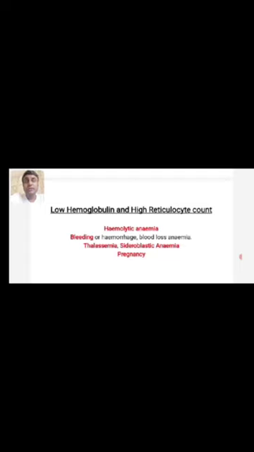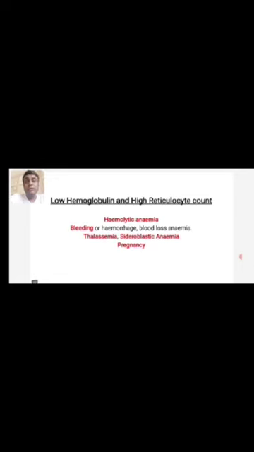Second, there may be heavy bleeding or hemorrhage resulting in low hemoglobin, or blood loss anemia. There can be hereditary disorders like thalassemias and sideroblastic anemias. Another clinical or physiological condition is pregnancy, where there can be low hemoglobin with high reticulocyte count.